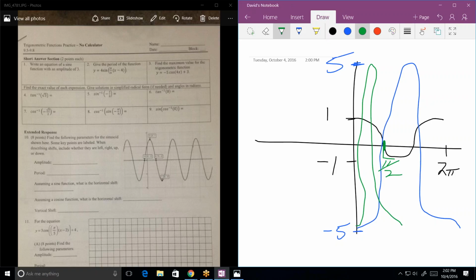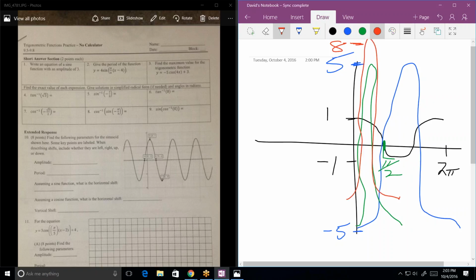Notice that that doesn't affect the maximum value at all. But then the 3 moves the green curve up by 3 units. So if I move it up by 3 units, it looks something like that. And what's the maximum value? It goes up to 8.